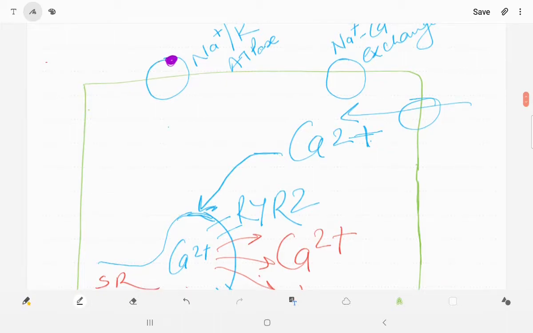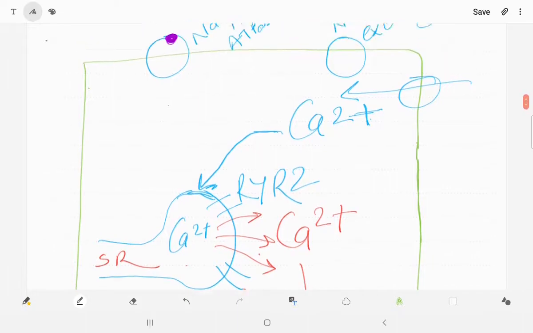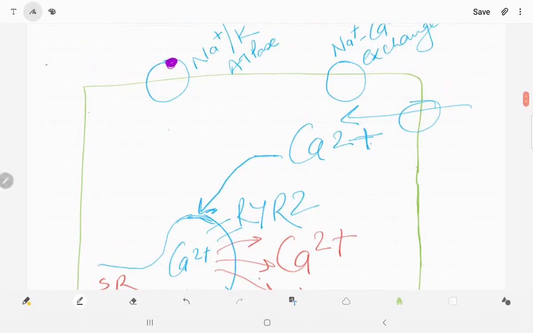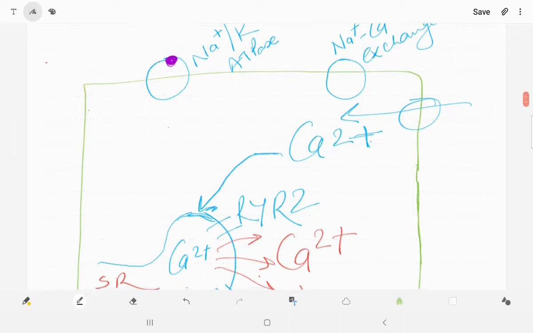So once depolarization begins, calcium enters into the cell via voltage gated calcium channels.